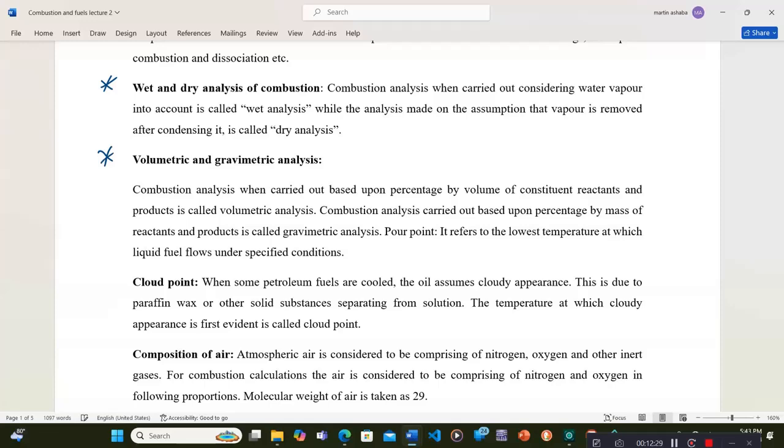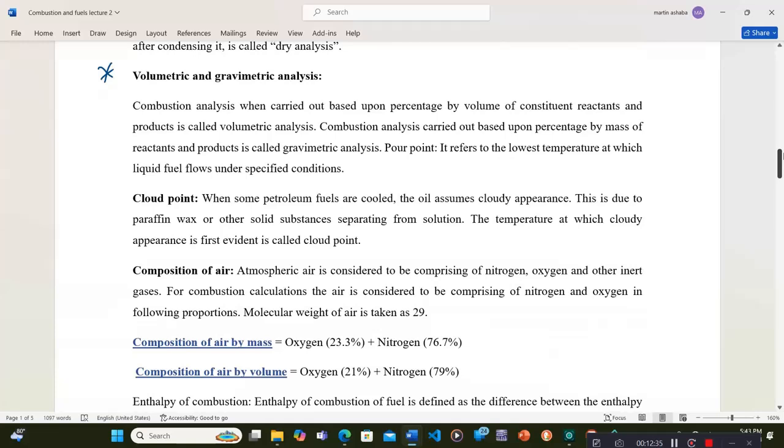Let us also talk about volumetric and gravimetric analysis. We are going to look at analysis of the products of combustion by volume and by mass. Volumetric is when we are talking about the volumes of the products vis-a-vis the reactants.